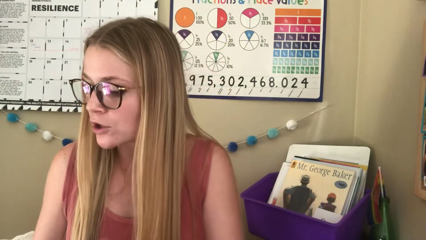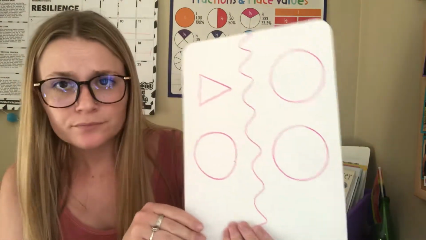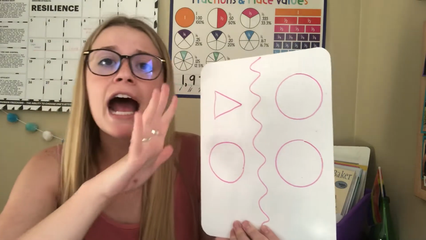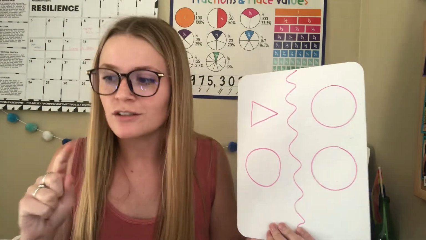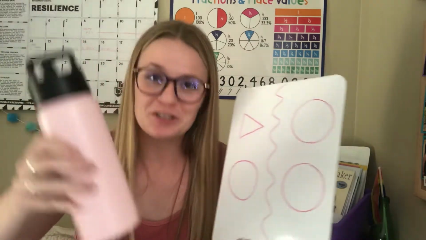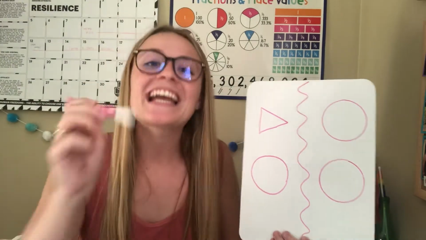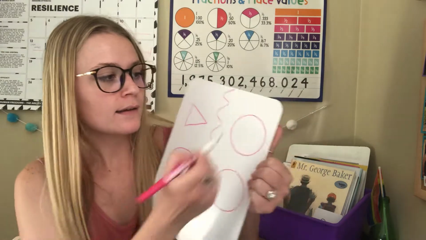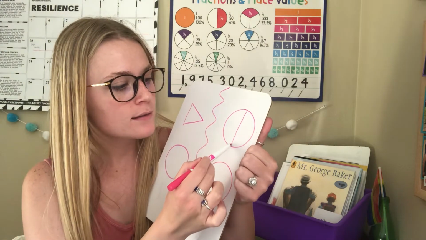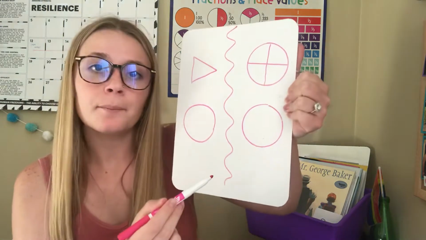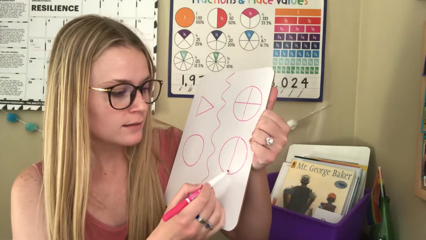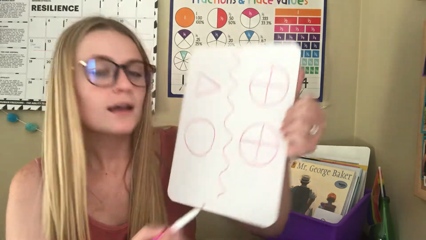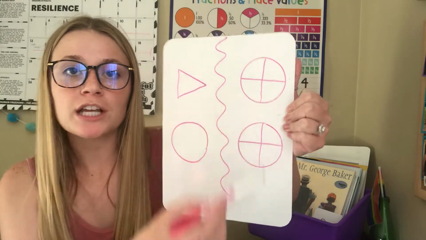Okay, so if you look at, I drew this on this other whiteboard, these two circles are identical, and I know they're identical because I took my water bottle and I traced it. So they are exactly the same. If I take these two circles and I divide the top one in fourths, and the bottom one in fourths, I can say that these parts are equal to each other.